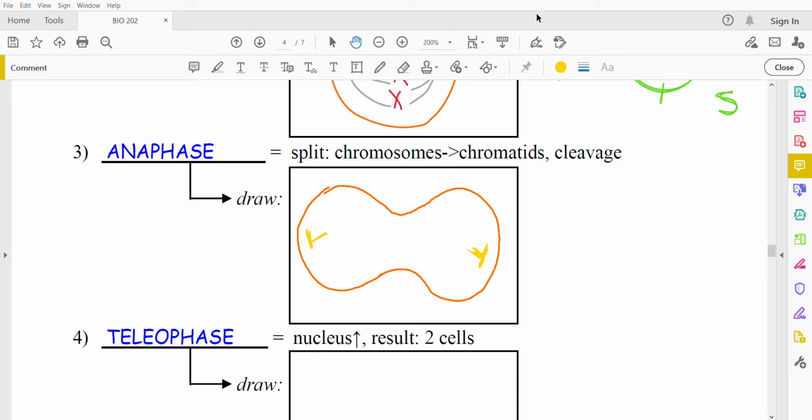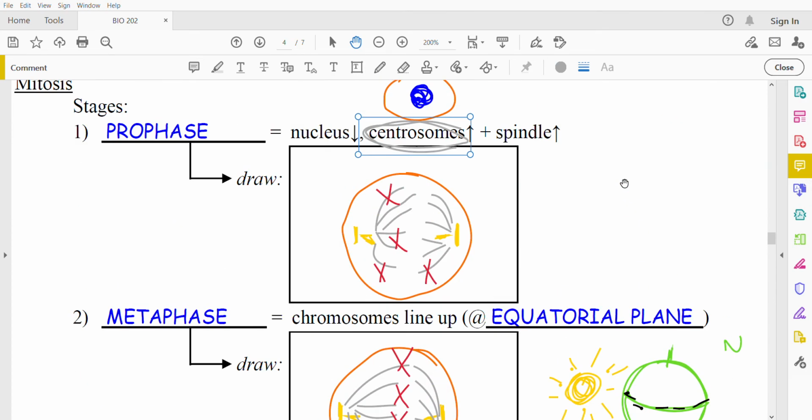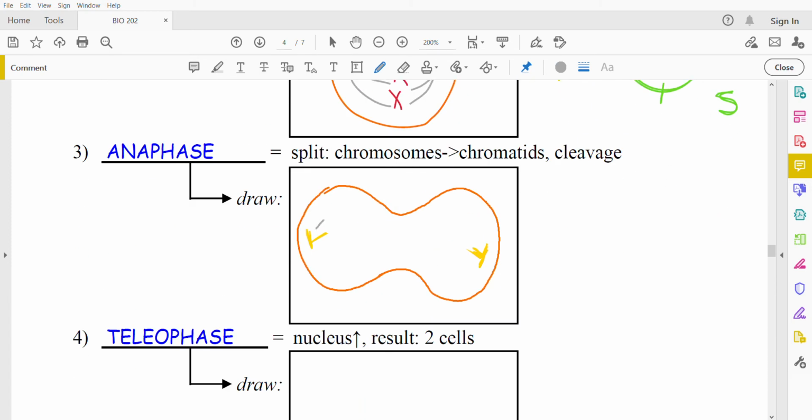And in addition, we're going to see our good old friend, the spindle, as well. There we go. That's our anaphase.